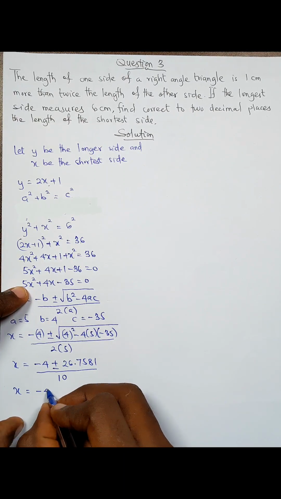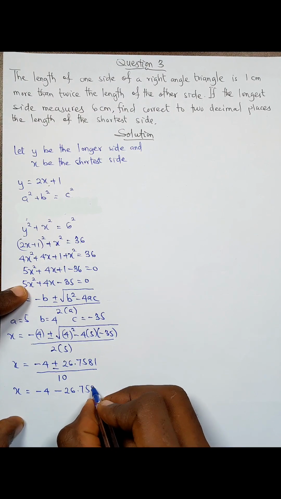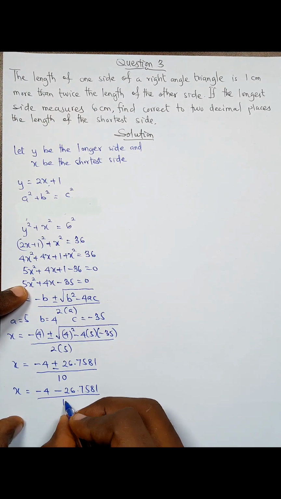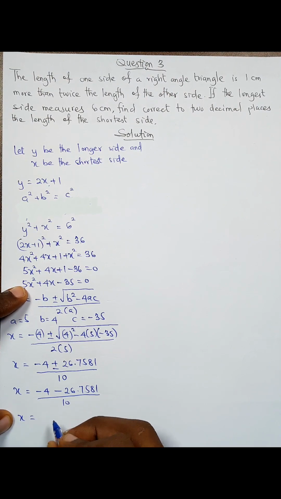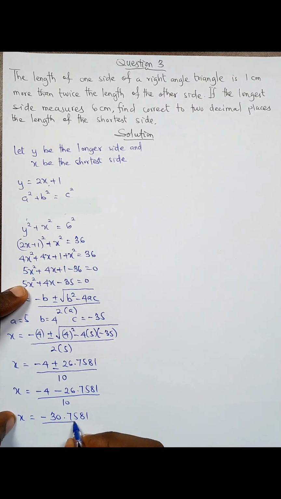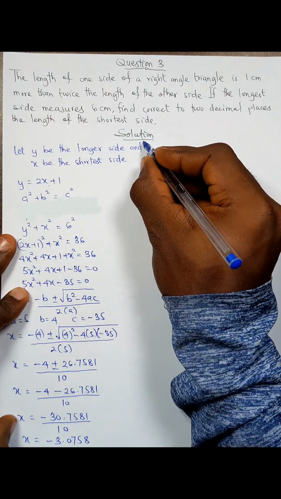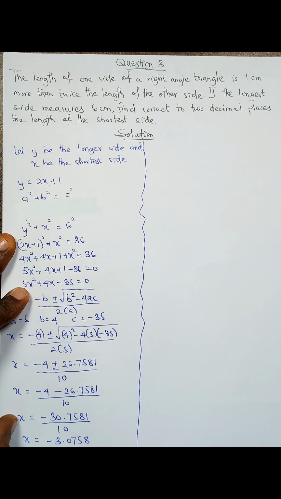So you're going to get minus 4, then we choose minus 26.7581 all on 10. x is going to give us minus 30.7581 all on 10. So the first value of x is going to give us minus 3.0758. So this is the first value of x. Let's divide it with a line.